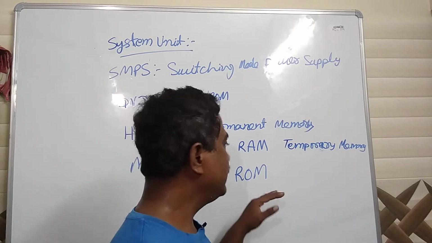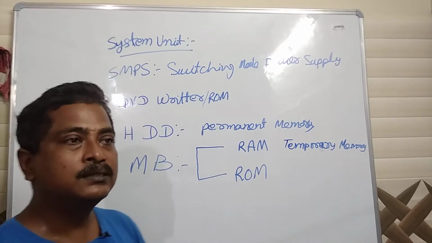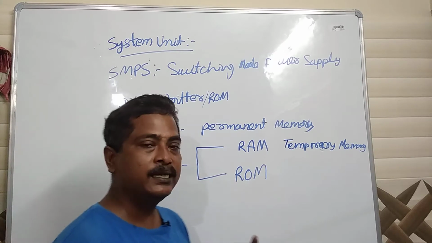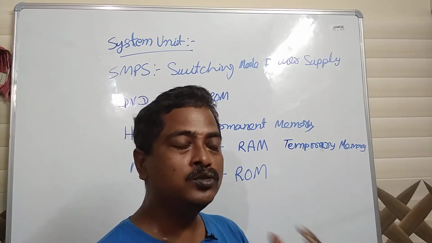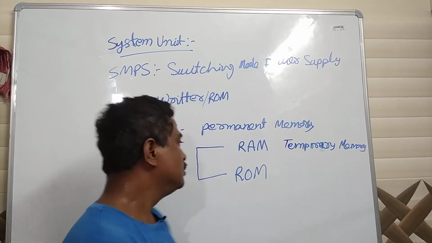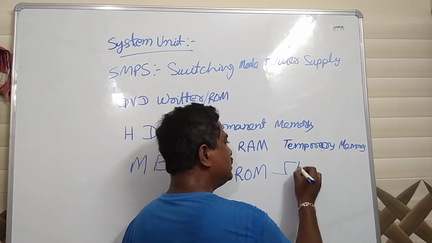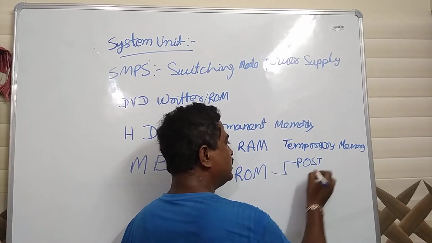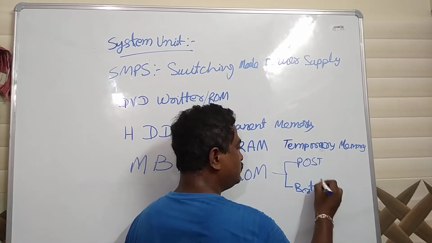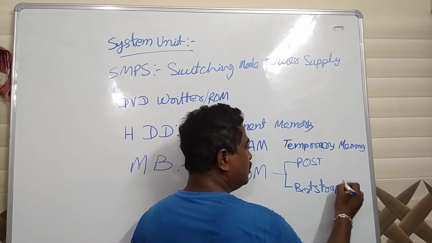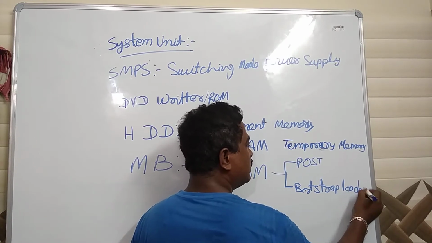And another thing, that is making the desktop ready to be used by the user. So those two tasks are known as power on self test and bootstrap loader. These two things are there in the ROM.